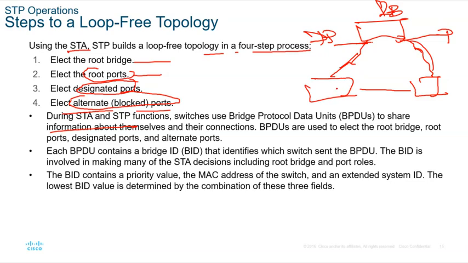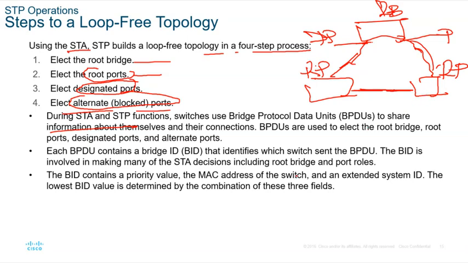The one that communicates back to the root bridge, those are the root ports. This is a root port. And this link here is going to be treated as the redundant link. On the redundant link, one end has to be a designated port because it's communicating away. It can't be a root port.